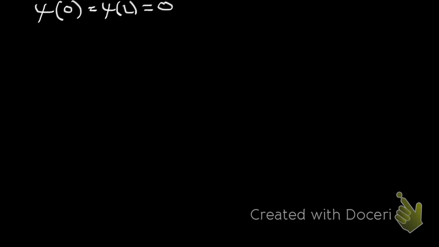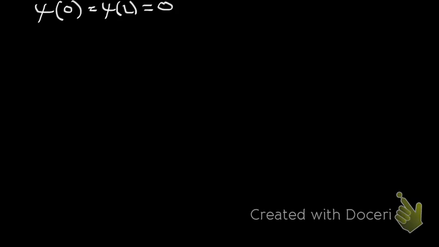So it should vanish at these points, which means that the particle cannot be outside of the box, so the wave function must vanish outside this interval. That gives us some information about A and B.